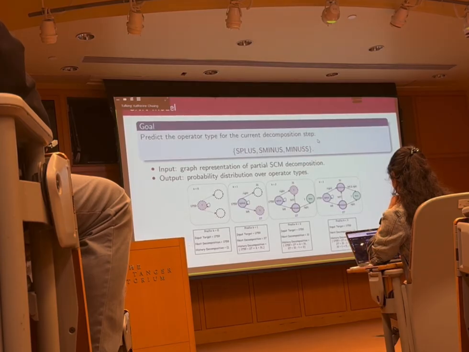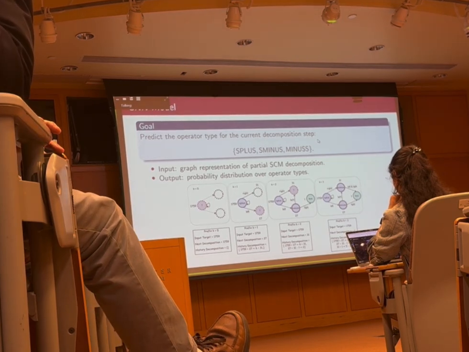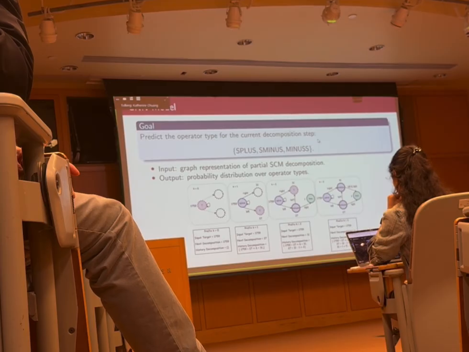And that is the overall process of the decomposition there. I've just explained that we are going to predict the operator types, and what we input to the model is a graph representation that presents the partial decomposition, and these are the decomposition steps each time we use there.